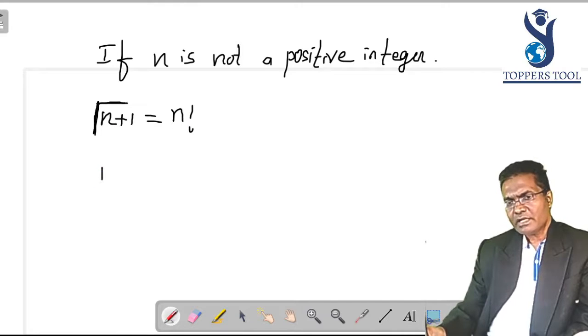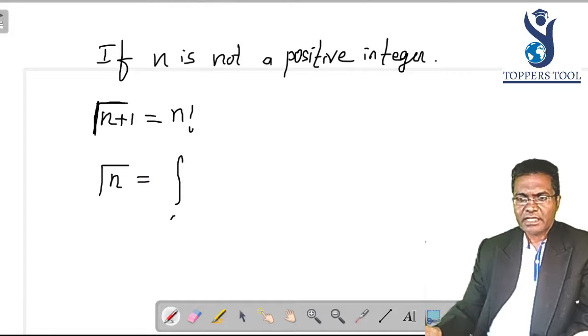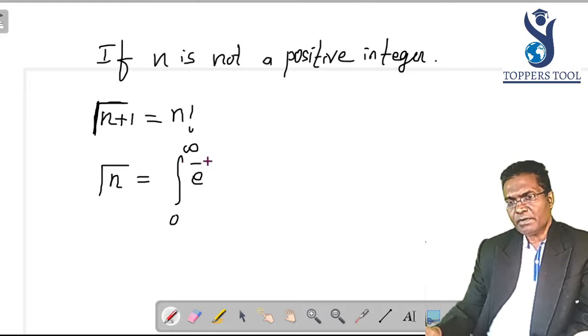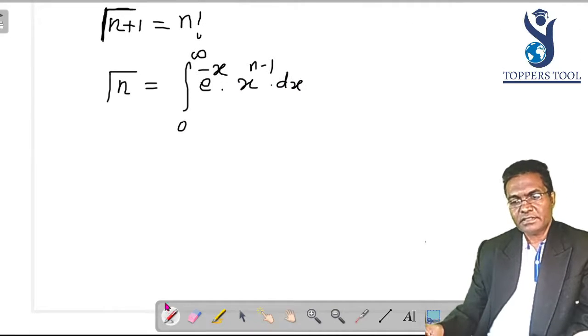Also let me tell you the definition of the gamma function that you studied in beta gamma function. Gamma n is the integral from 0 to infinity of e power minus x into x power n minus 1 dx. This is the original definition of the gamma function. So we can write this also.